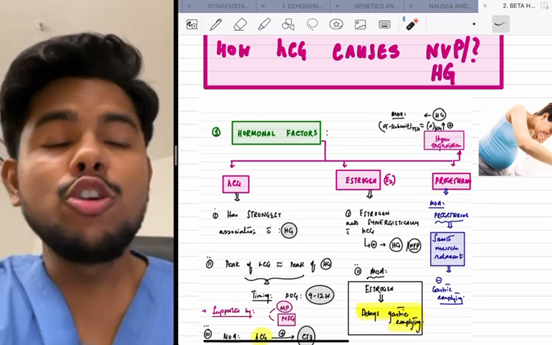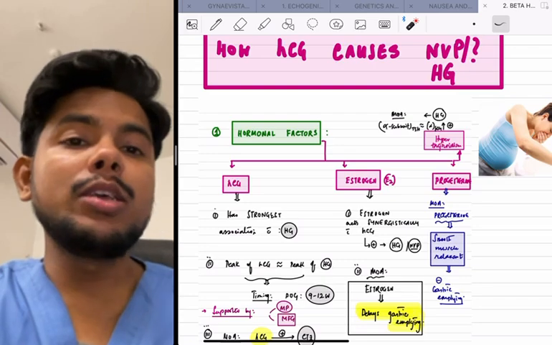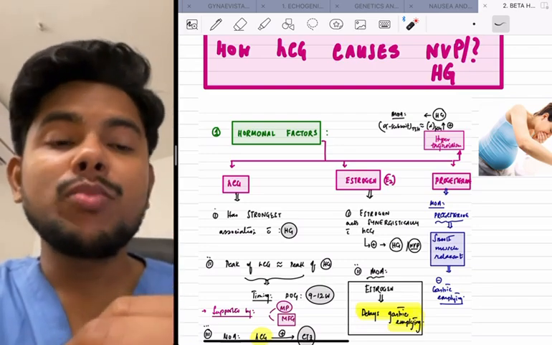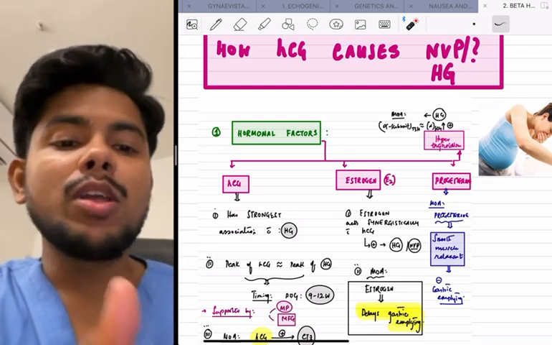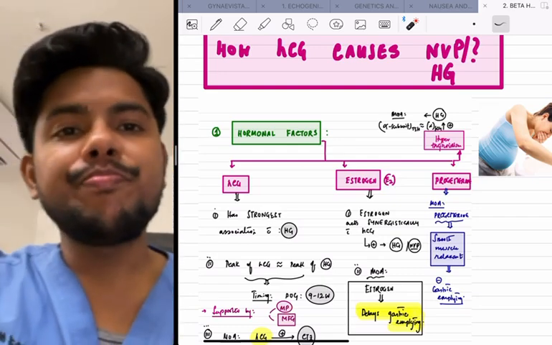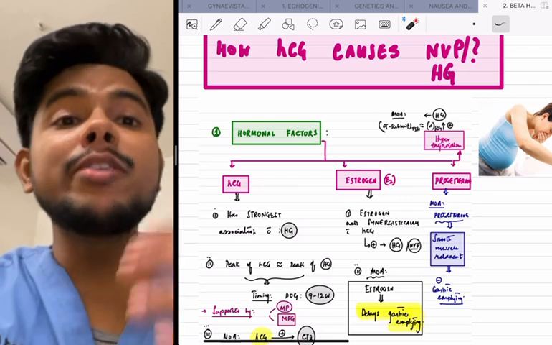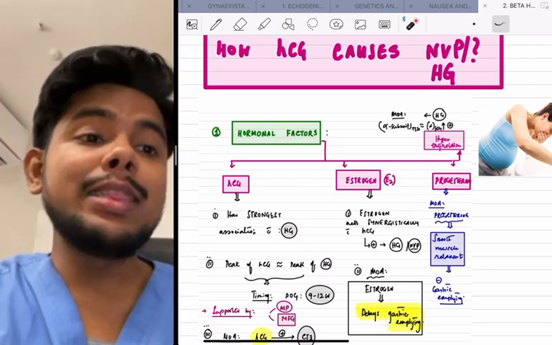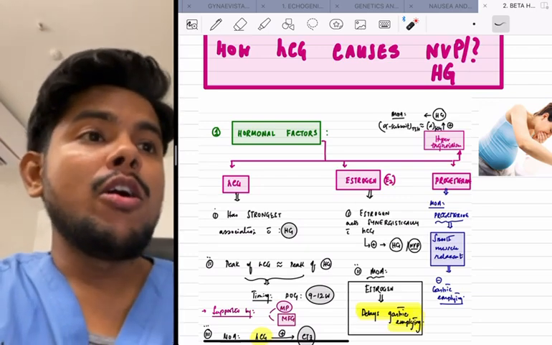In the next part, we're going to discuss the function of hCG in extreme detail, with special mention to the immunomodulatory effect of hCG, and that session is going to be super interesting.